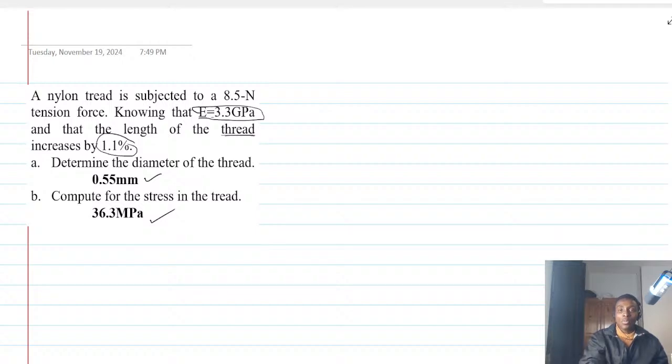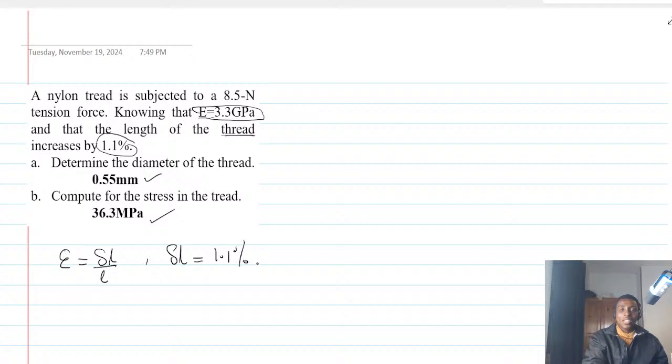So the best way to solve this problem is to, first of all, what do we know? So we know that it was increased by 1.1%. What does it mean? So what is strain? Number one, strain is change in length over original length. Now he's saying that the change in length was 1.1%.